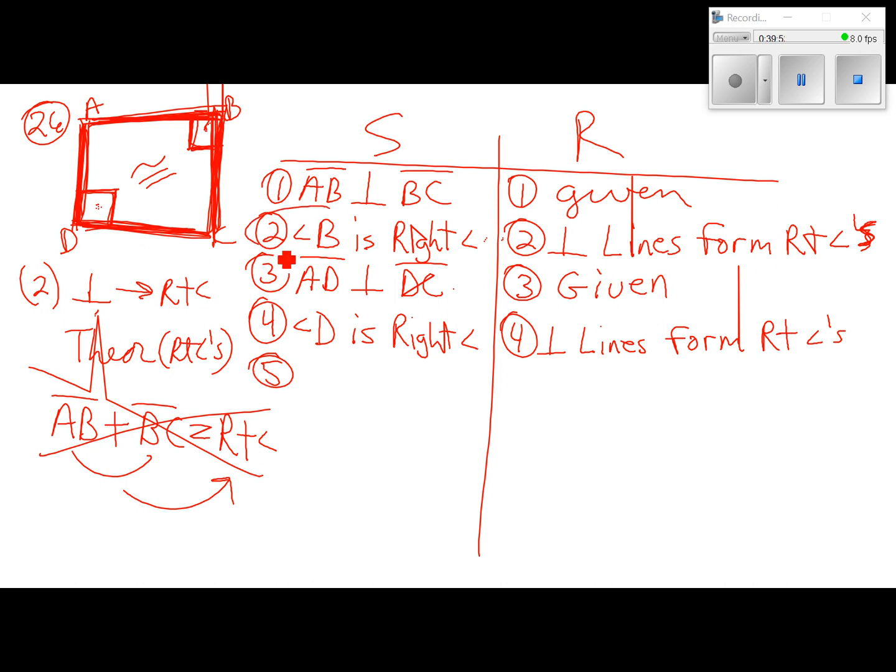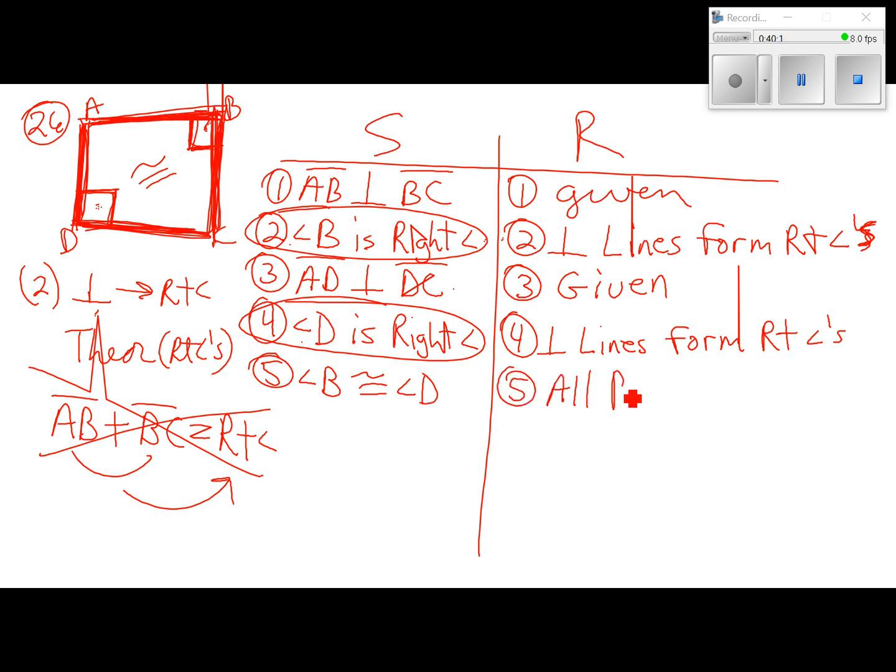Now we look at this, we know angle B is a right angle, we know angle D is a right angle. We had a theorem that said if that's a right angle and that's a right angle, then they have to be congruent. So I can say angle B is congruent to angle D, and that's what we were trying to prove. And our reason is that theorem, all right angles are congruent.